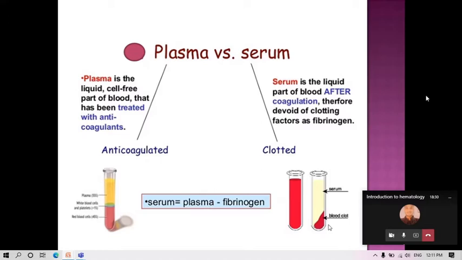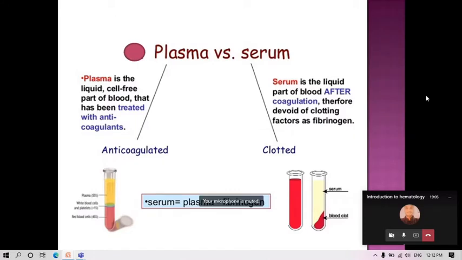During the process of blood coagulation, all the clotting factors which are normally present in the plasma are used up, they initiate the coagulation cascade, and the blood clot forms. Whatever is left now is known as serum. So serum is plasma minus fibrinogen, or plasma minus clotting factors.